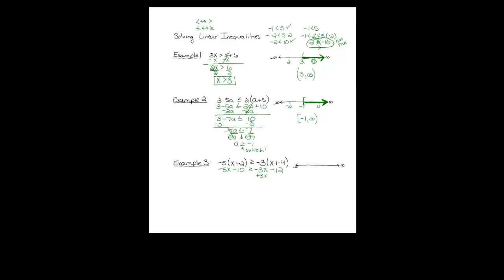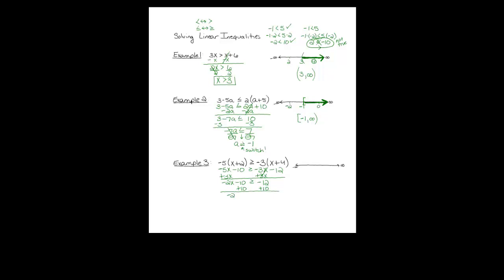I'm going to add 3x, add 3x. Negative 5x plus 3x gives us negative 2x minus 10 is greater than or equal to negative 3x plus 3x gives us 0. So we're left with just a negative 12 on the right. Adding 10 to both sides.